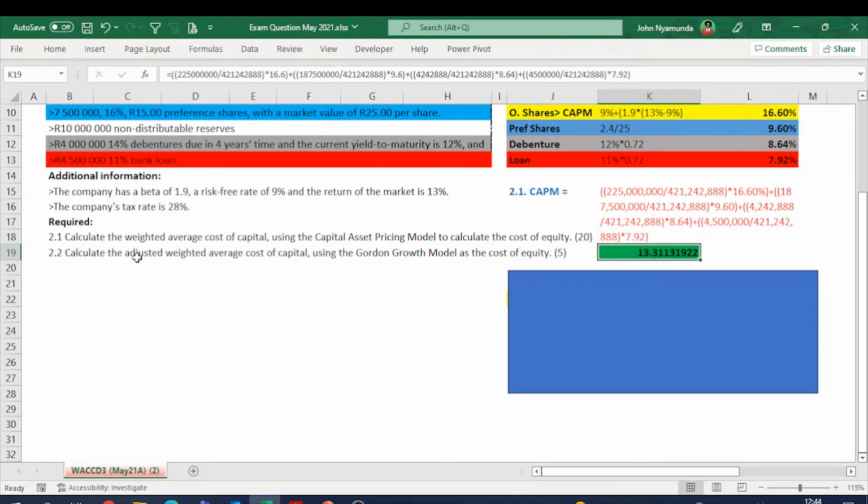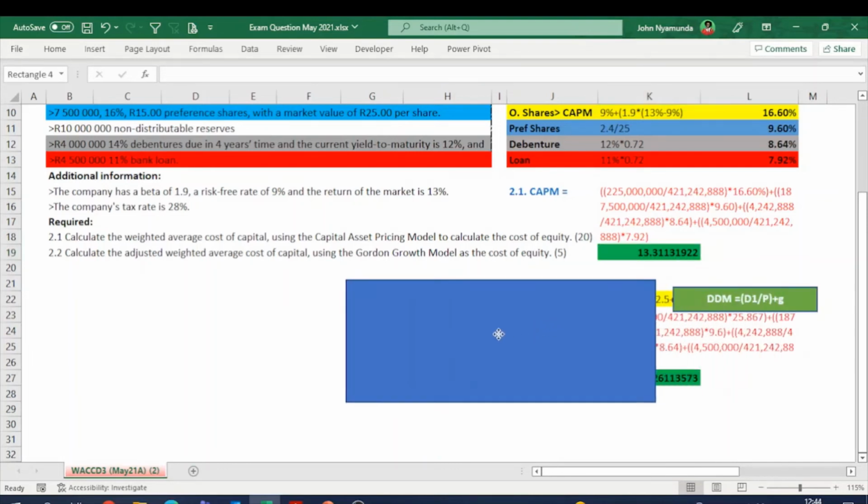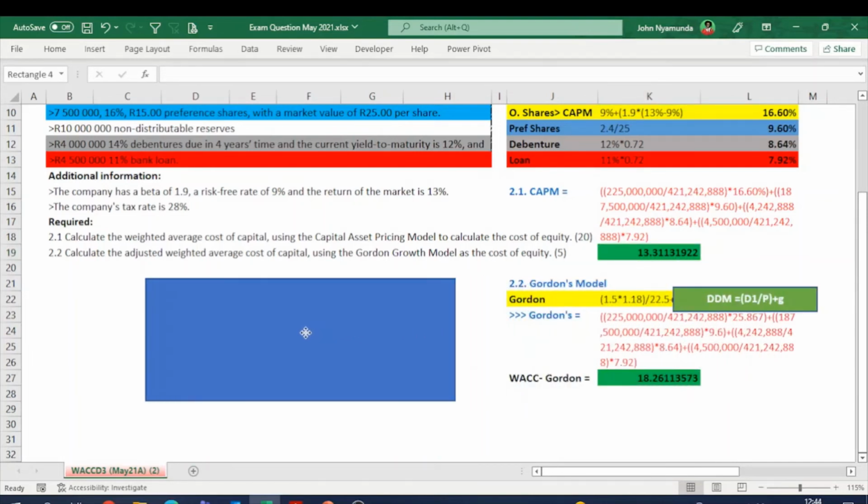Okay, so calculate the adjusted weighted average cost of capital using the Gordon growth model for the cost of equity. So everything else remains the same. The only thing which is changing is the cost of equity. Now we are using the Gordon growth or dividend discount model. And you know, my friend, the dividend discount model is equal to D1, the next dividend, divided by the market price plus growth.